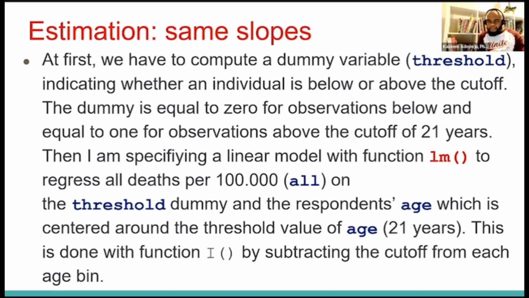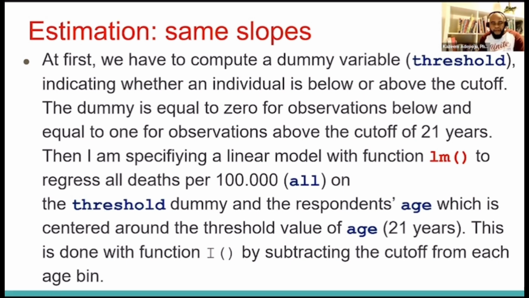After that, we're going to look at the sensitivity of the RDD, regression discontinuity design, to when I don't use the whole set of data and maybe have a kind of truncation.